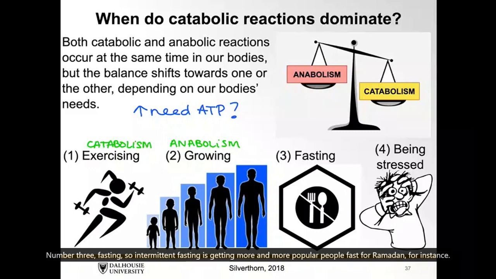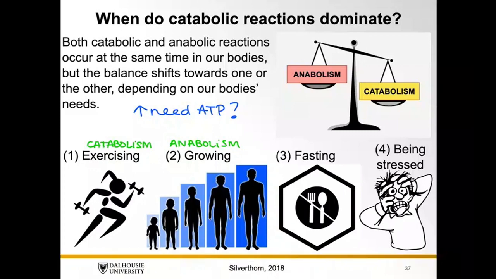Number three, fasting. So intermittent fasting is getting more and more popular. People fast for Ramadan, for instance. So let's think about what happens at the end of a 12-hour fast where you haven't eaten for 12 hours. At that time, you still need ATP to power the basic processes of your cells.